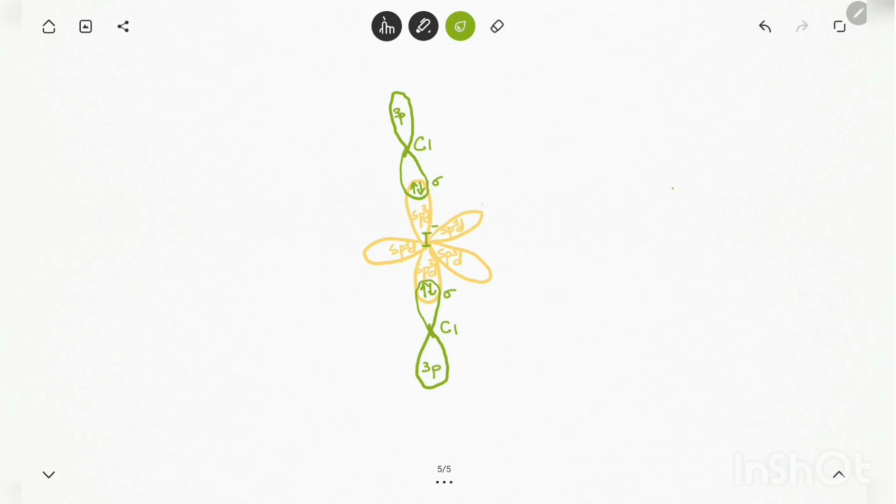The other 3 orbitals are lone pairs, so we must put 2 electrons in opposite directions. Put the negative 1 charge here, label as I minus, or otherwise put a square bracket and negative charge. So this is ICl2 minus and the molecular shape is linear. That's all for today's lesson. Thank you.